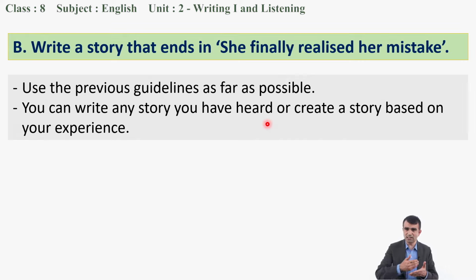You can write the same story based on your experience. But don't forget the structure of the story. Title, beginning and setting, before setting characters and then detail of the story and finally conclude the story. If there is a moral, if you get a lesson from that, you can write the moral as well. Okay? Well, try well for this.